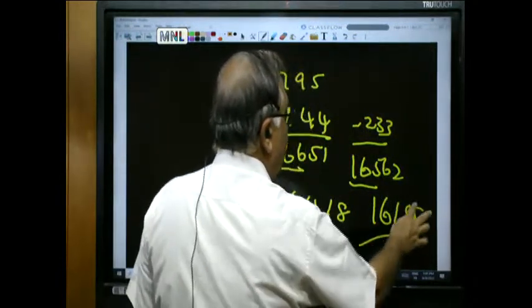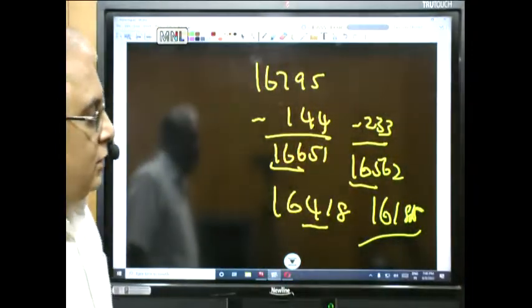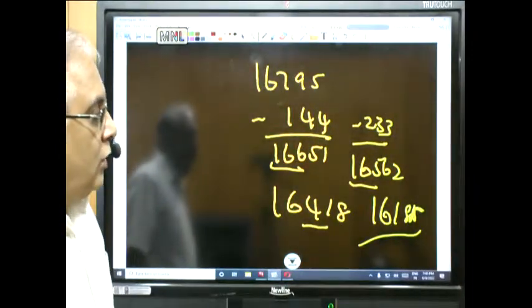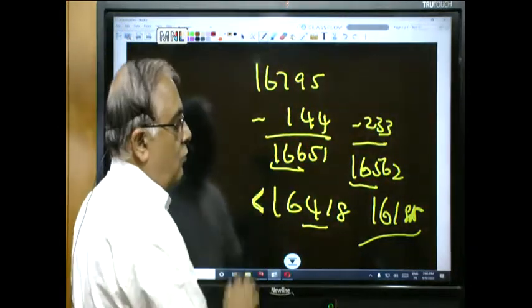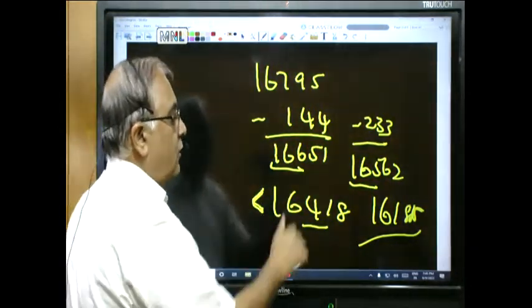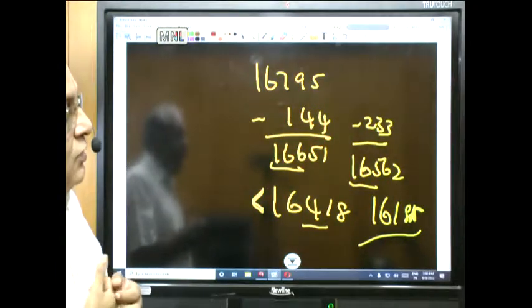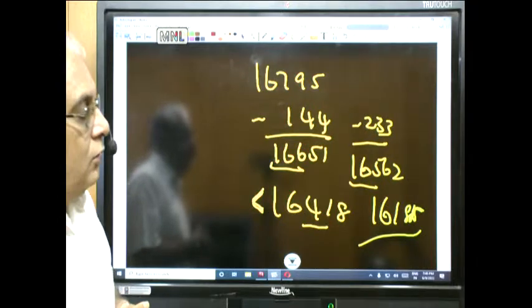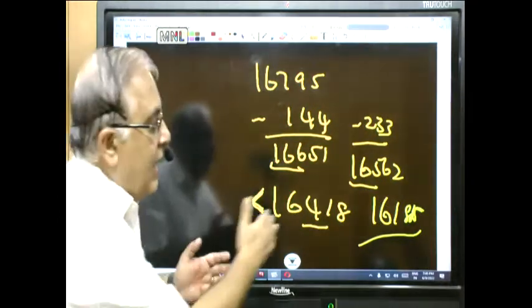Now it came up to 16,243. It didn't come up to 16,418, but it has gone below 16,418, and the next level was 16,184, 185. So these are quite a big gap.